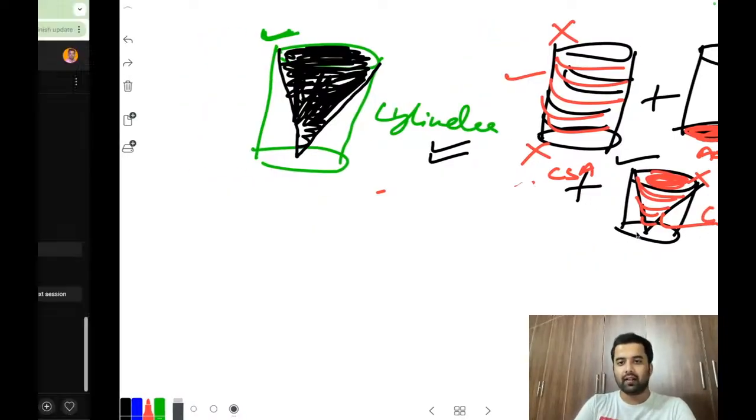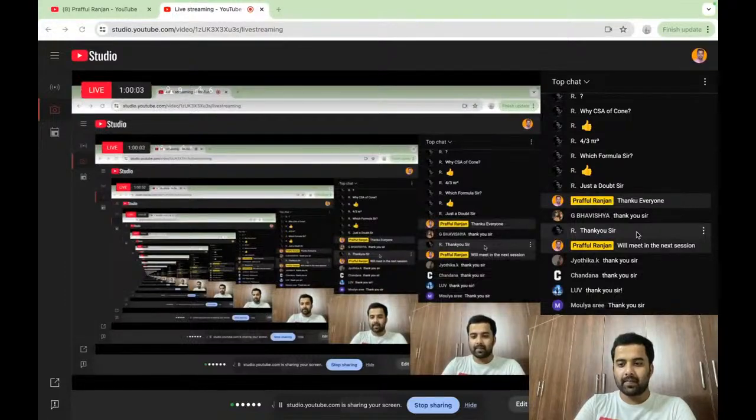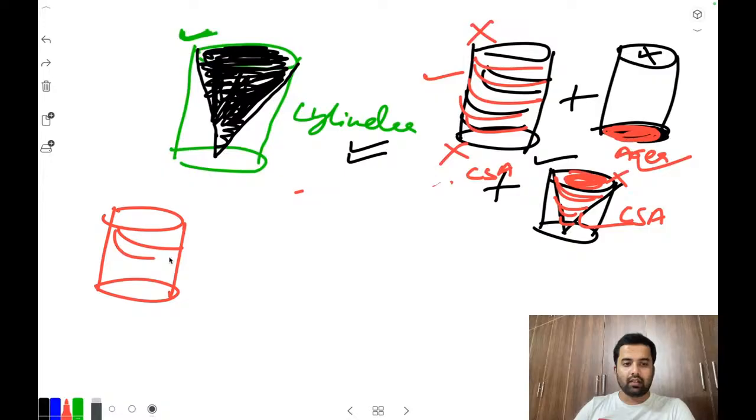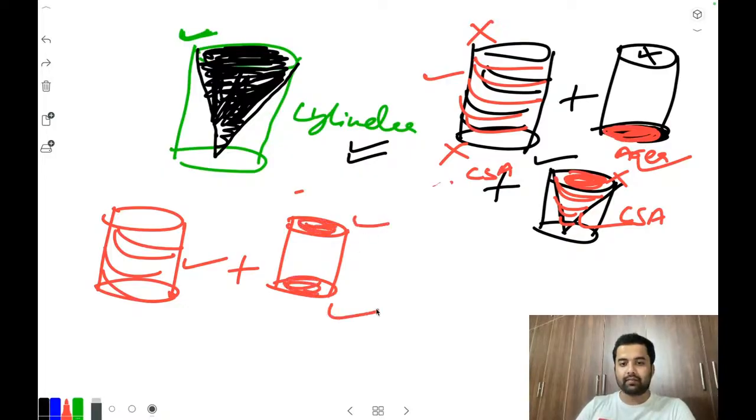Now, is it okay? Praneeth, is it okay? Can we take the TSA of the cylinder directly? The TSA of the cylinder stands for the curved part, plus this part and this part. We can't take TSA in this particular question, because check this, that's why I kept this diagram.